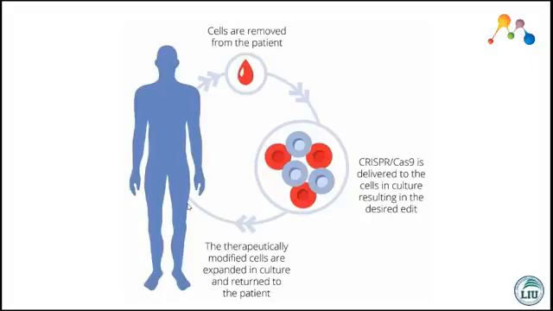Usually, this CTX001 is what is known as an ex vivo CRISPR therapy. What does that mean? It means that the gene editing is done outside the patient's body. The hematopoietic stem cells are harvested from the patient and engineered in the lab to produce red blood cells with a high level of fetal hemoglobin.